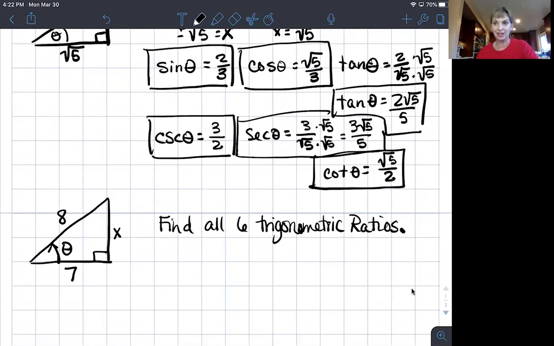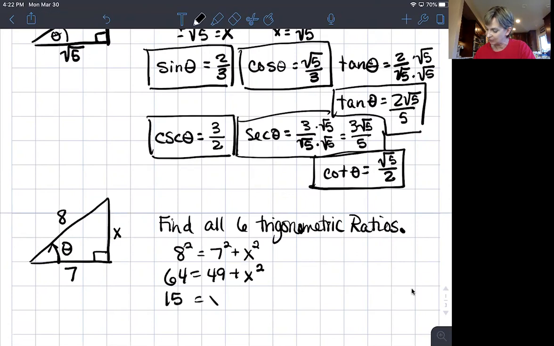Okay, all right, did you solve the problem? Let's see if we came up with the same solutions. Okay, so we're going to use the Pythagorean theorem to find that third side. So that's going to be 8 squared is 7 squared plus x squared, or 64 is 49 plus x squared. Okay, we subtract 49 from each side.